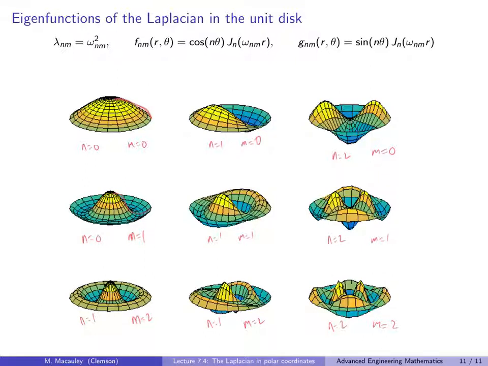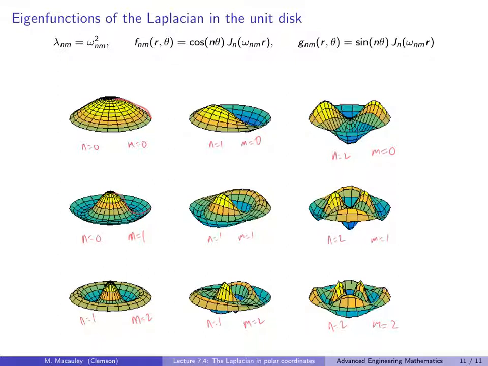So these things are the analog of those fundamental modes that we saw in the unit square, which was like a 2D Fourier series. Think of this as a two-dimensional polar Fourier series.